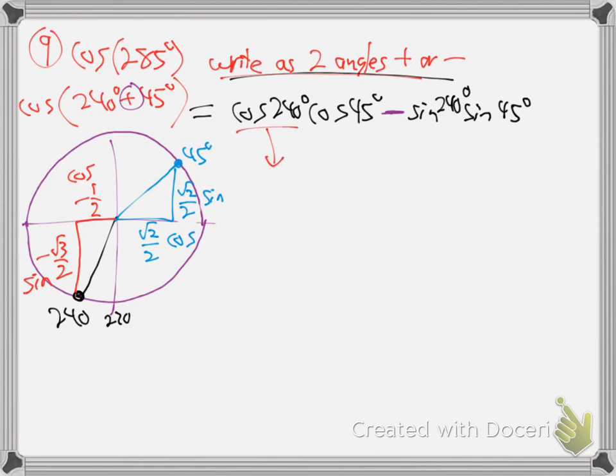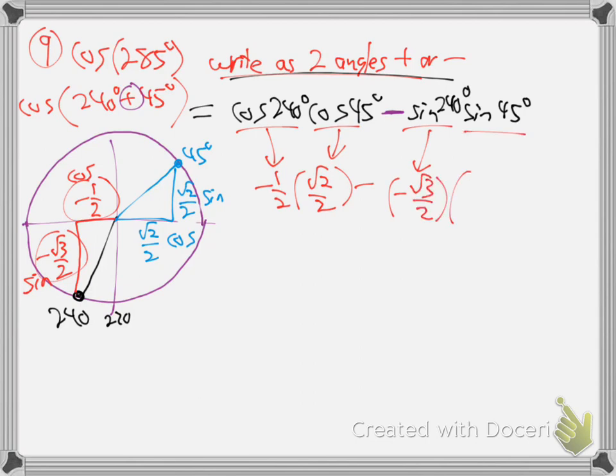Okay, so we can put it all together now. Cosine of 240 is minus a half. Cosine of 45 is root 2 over 2, minus sine of 240, minus root 3 over 2, sine of 45, root 2 over 2. Everybody good with that? You just plug them in.